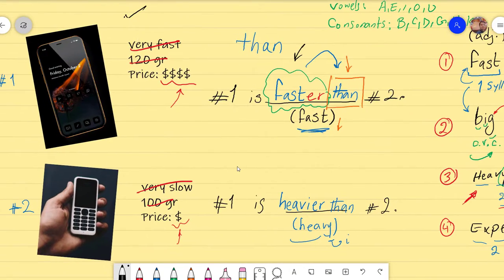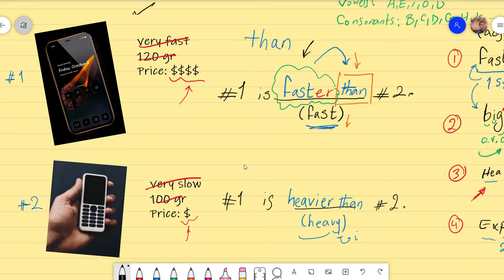Now we come back here. So mobile phone 1, I write number 1 is number 2. So what is it? Can you help? Think a minute.